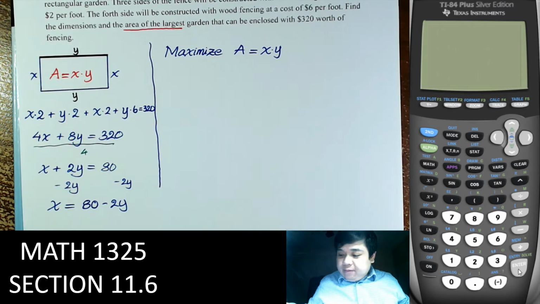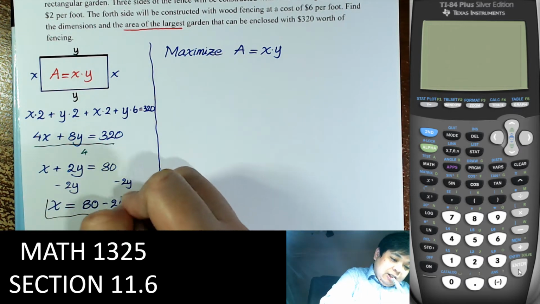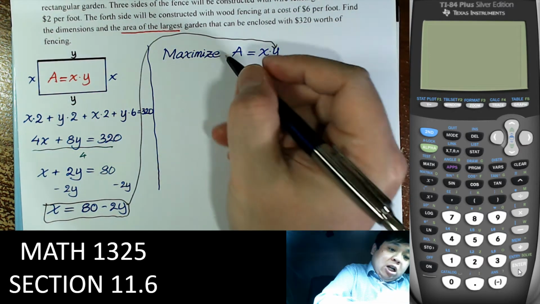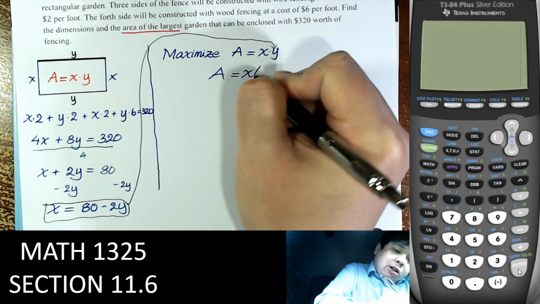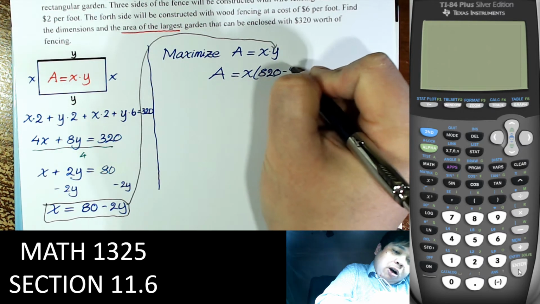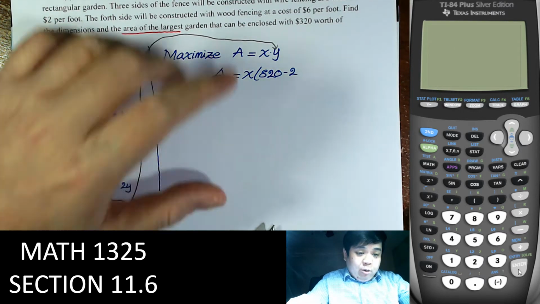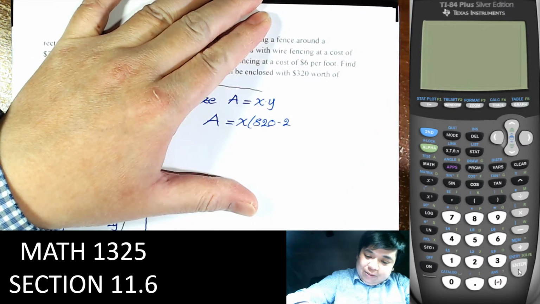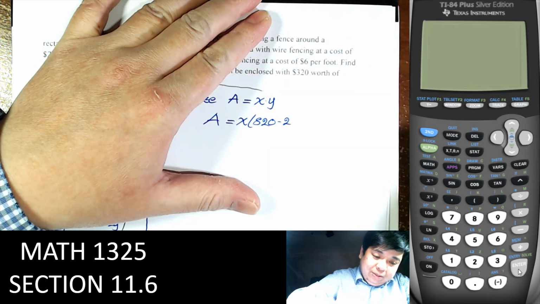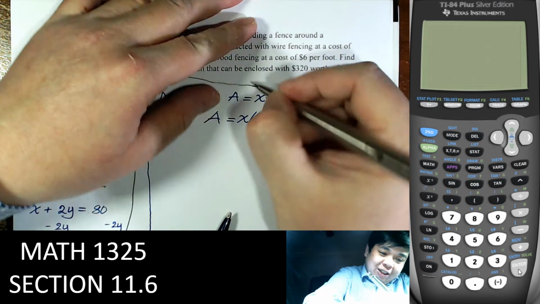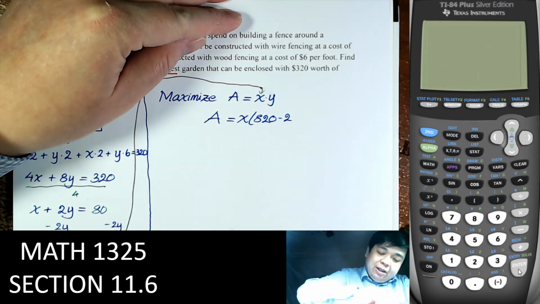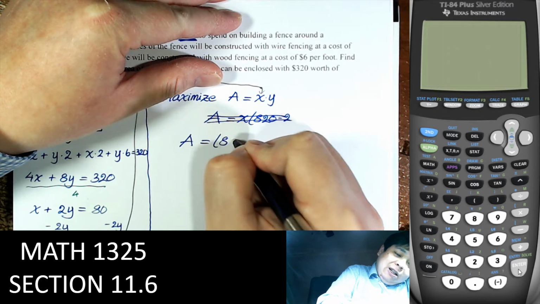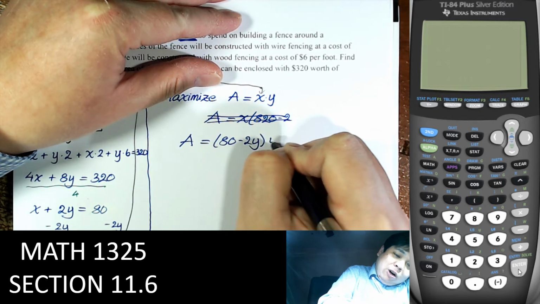Right, so we can substitute that into the area. So A equals x times y, substitute for x. A equals 80 minus 2y, times y.